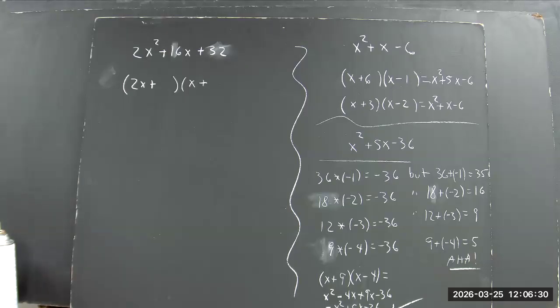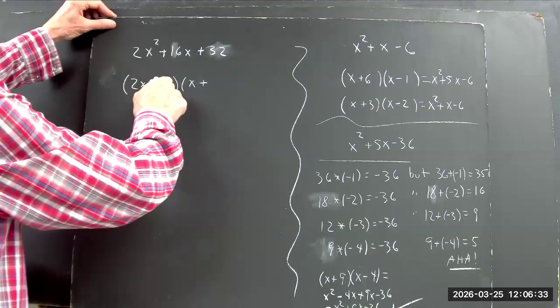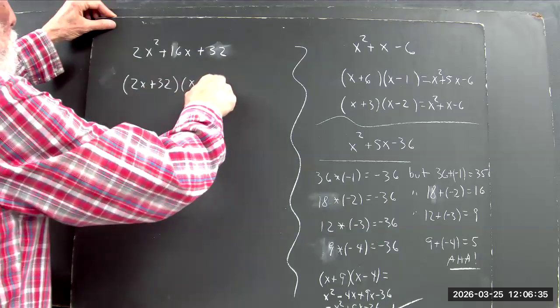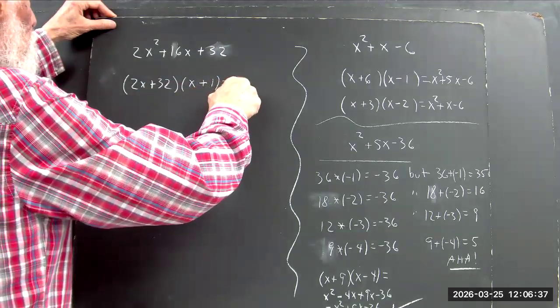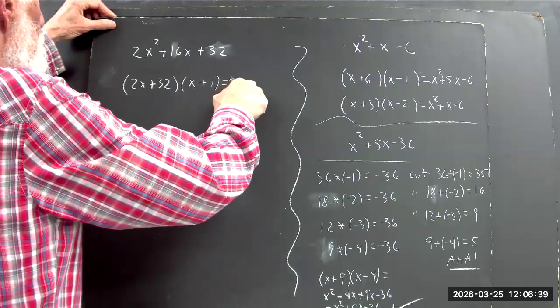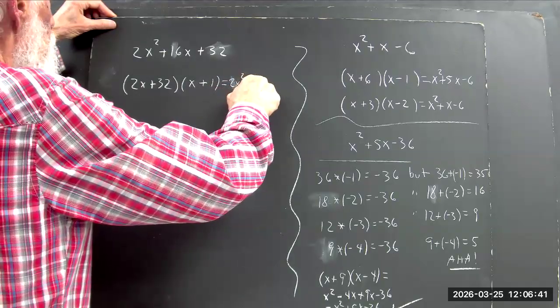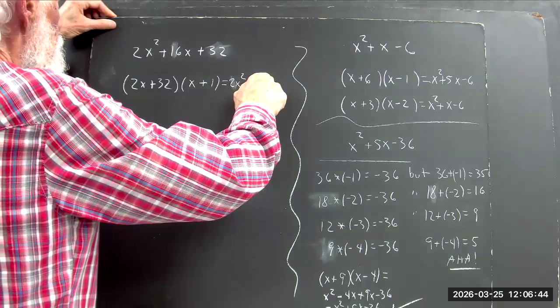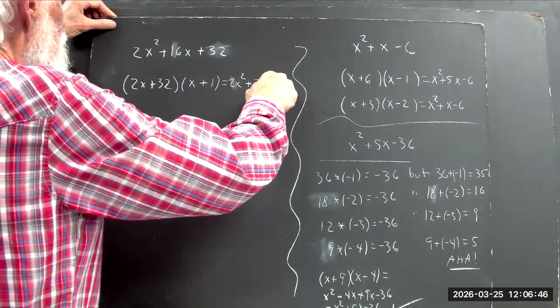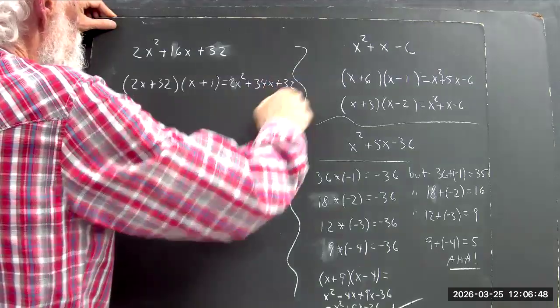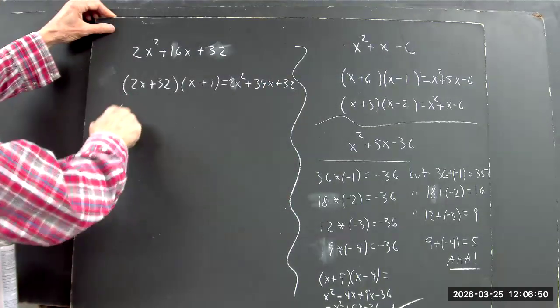So we could start with 32 and 1, but that equals 2x squared plus 34x plus 32, so that's not it.